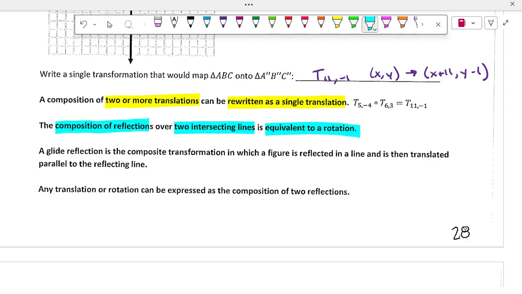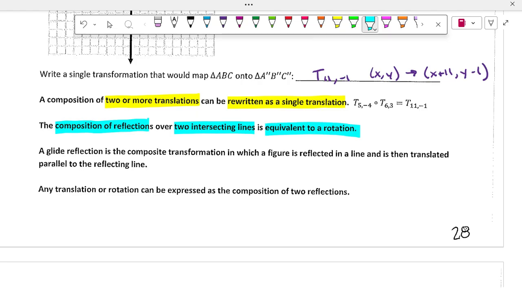So what that means is, for example, and you can write this down on your paper if you want to, but you don't have to, let's say I did this composition: R x equals 2, and then R y equals 1.